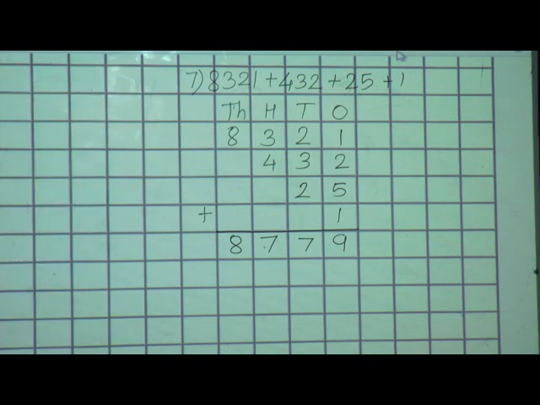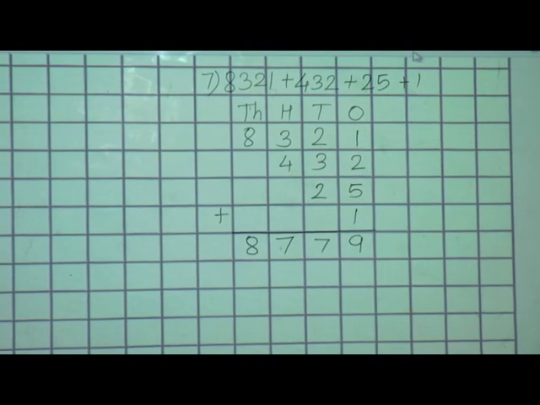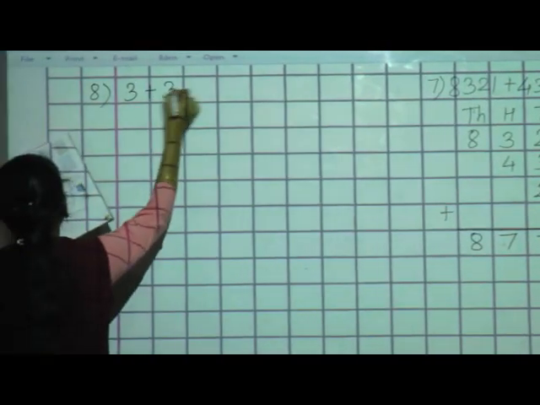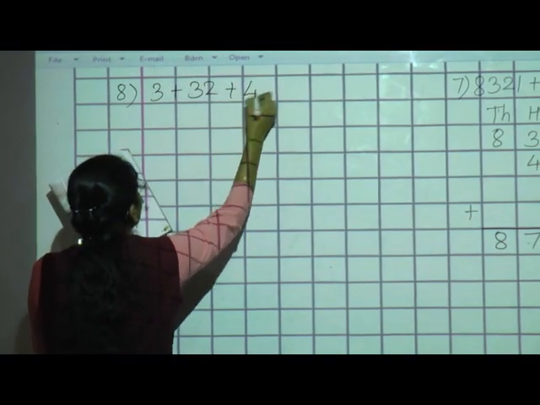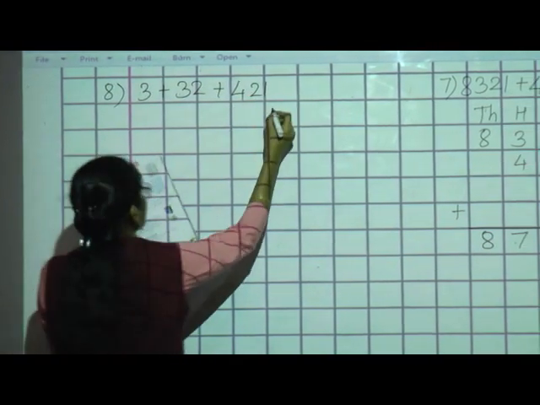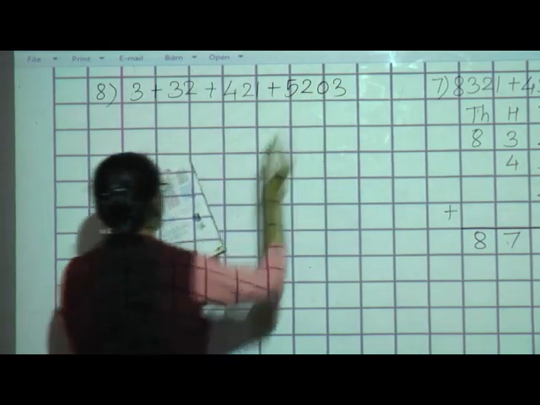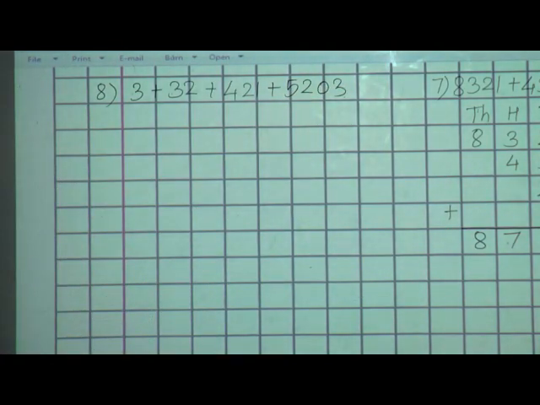The numbers are 3 plus 32 plus 421 plus 5203. Okay. Now put all these numbers in the place value chart.